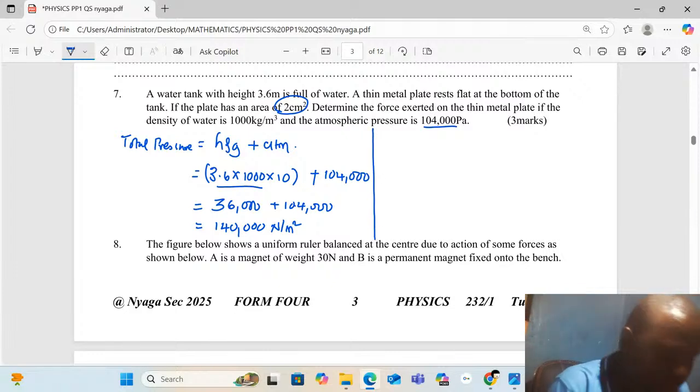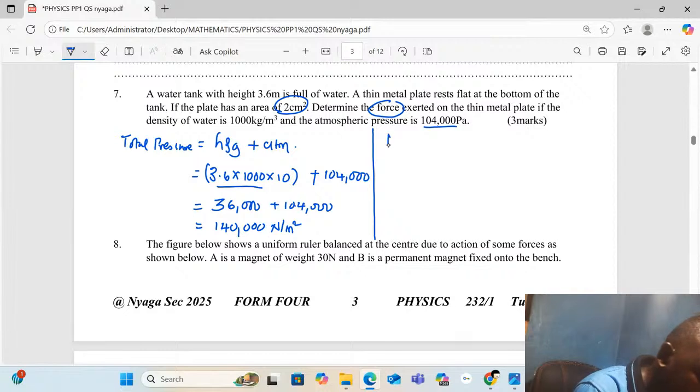So the pressure acting at the base of this tank is 140,000 newtons per square meter. But we are having a small plate that is of area 2 square centimeters. So what will be the force exerted?